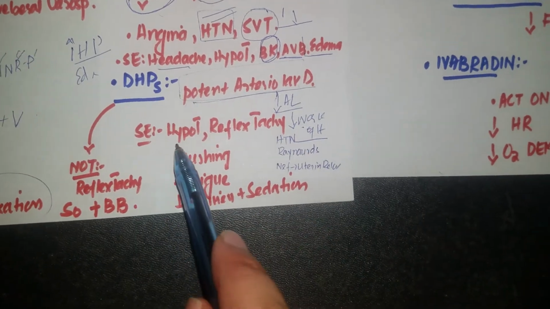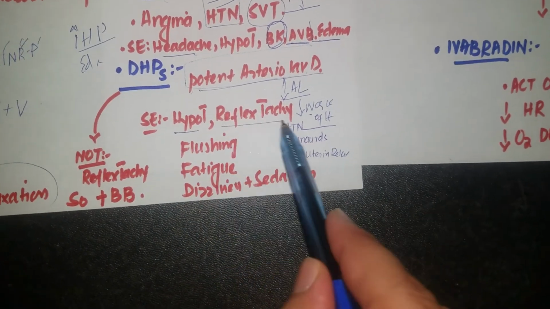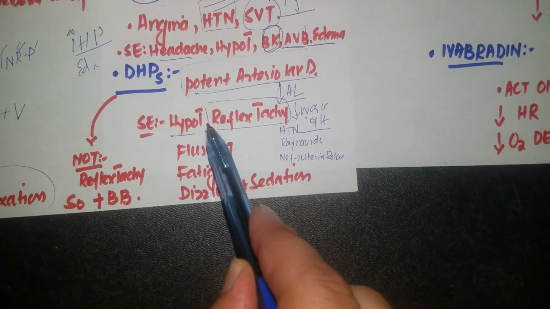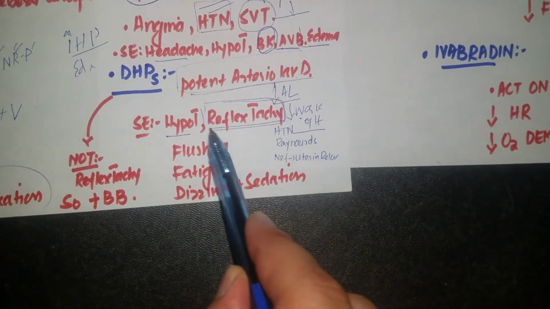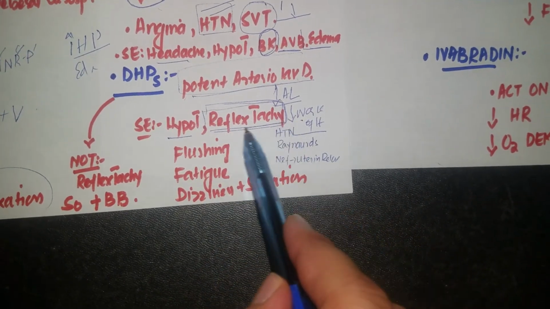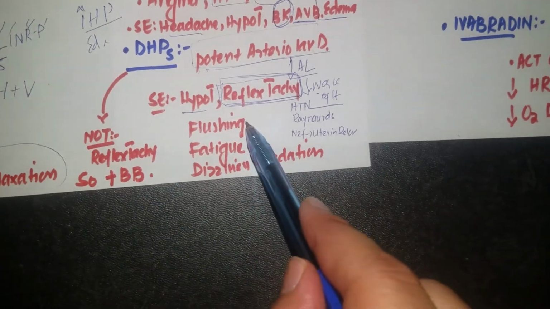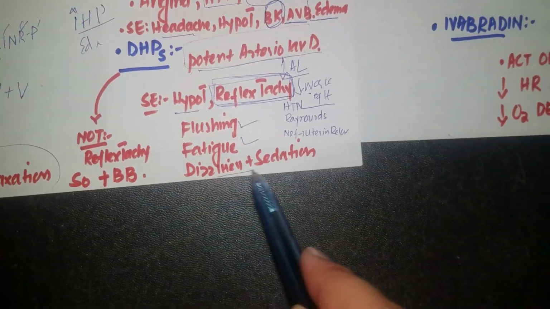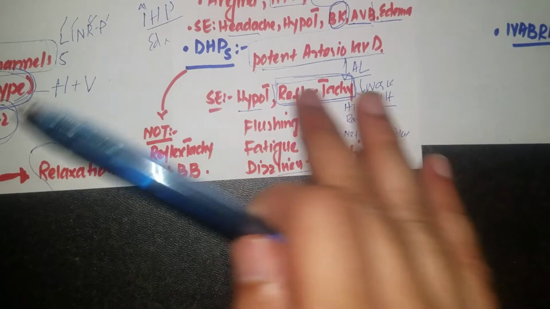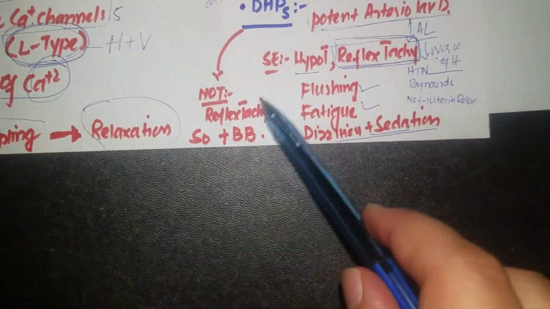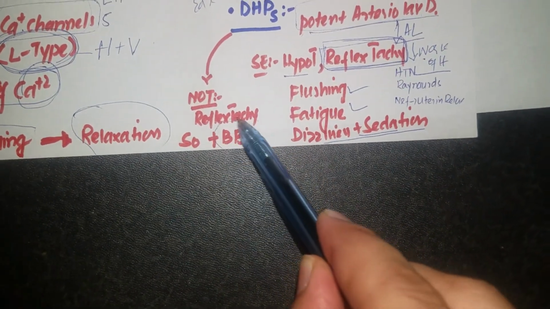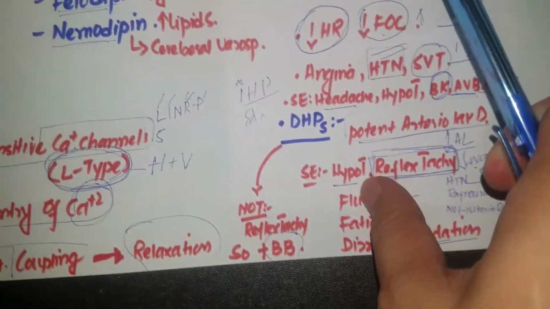The side effects include hypotension and reflex tachycardia. Whenever there is arteriolo or venodilation, there is reflex tachycardia as a compensation. There will be flushing, fatigue, dizziness, and sedation. Note that since reflex tachycardia occurs, it can be given in combination with beta blockers.